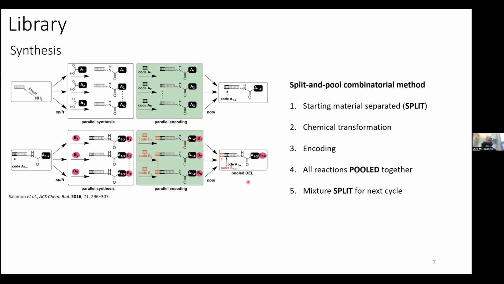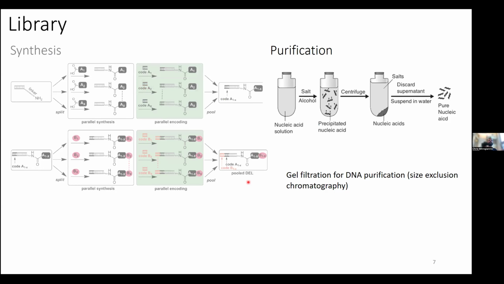So in between the steps now, the chemical synthesis and the encoding, we need to do some purification. And what we usually do is precipitation. So we take the nucleic acid solution, and by adding sodium chloride and ethanol, we can generate the salt of the DNA. And we centrifuge it, it precipitates, and then we discard the supernatant, and then we can reconstitute it in the buffer of choice for the next step.